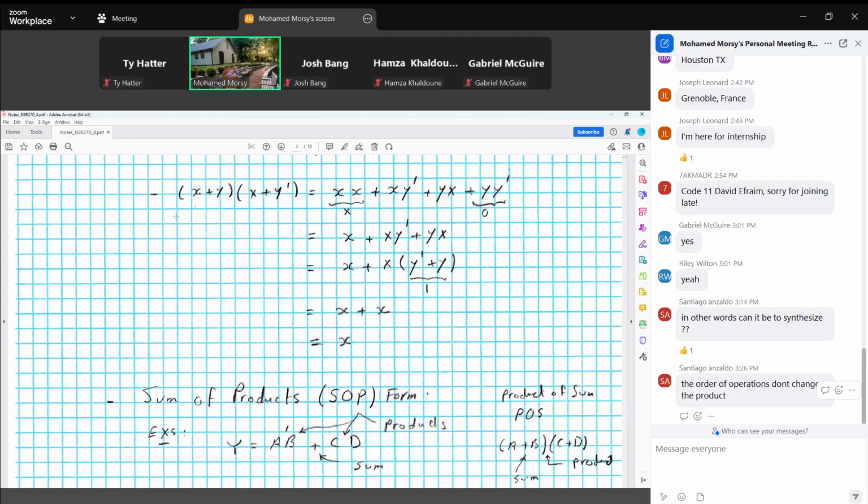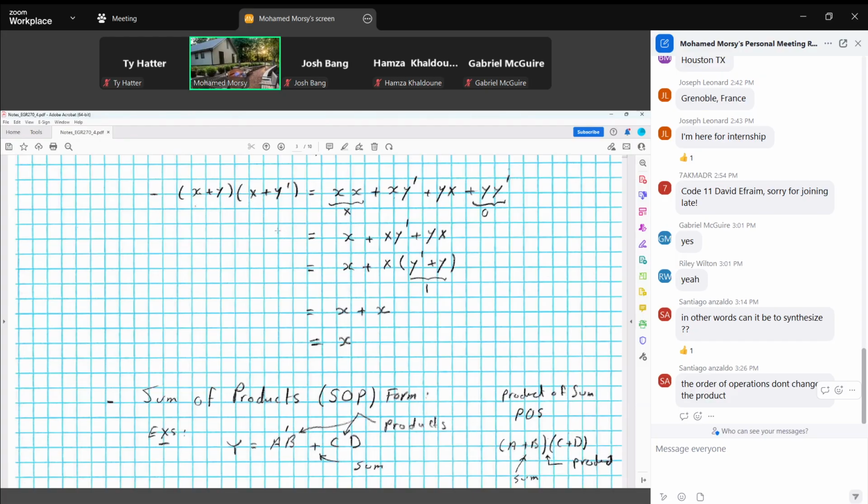So you see, this is the output, whatever you call it, say F, the output F, or big Y. The output is X plus Y multiplied by X plus Y inverted. So if we look at this output, with inputs X and Y, you have gates in between from the input to reach the output.